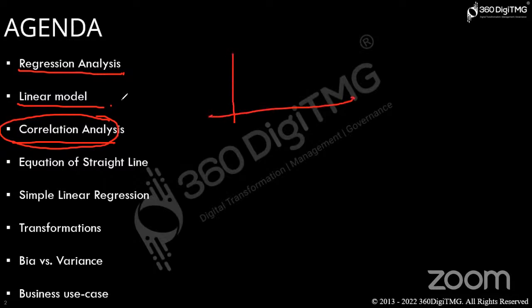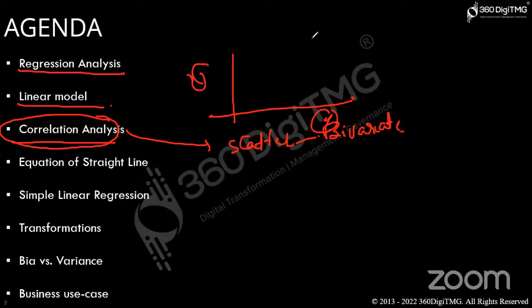To find that out, we will be using the scatter plot. Scatter plot is bivariate analysis, where x is one variable and y is one variable. We are simply plotting the x and y variables on a 2D plot. That is what we'll be doing when it comes to correlation analysis.